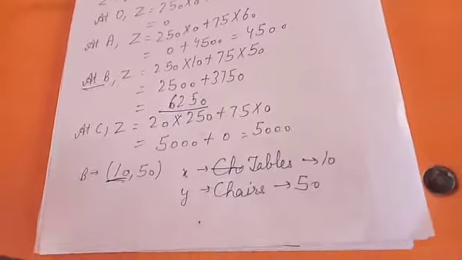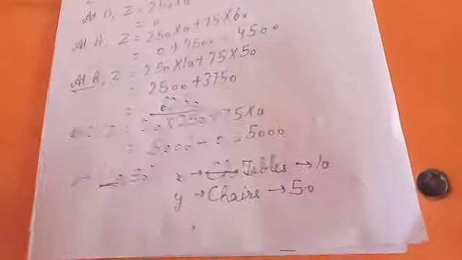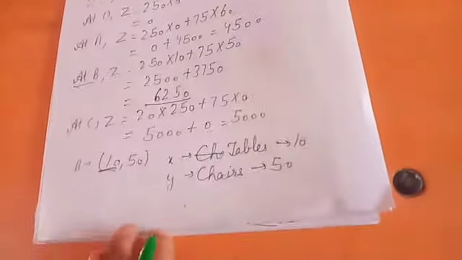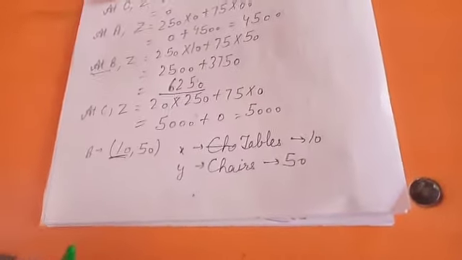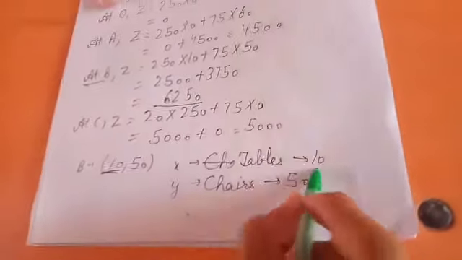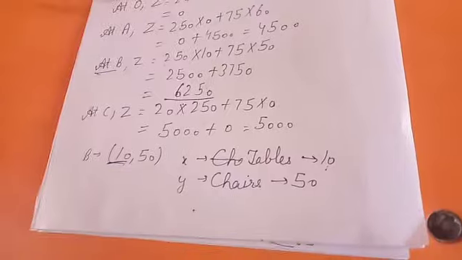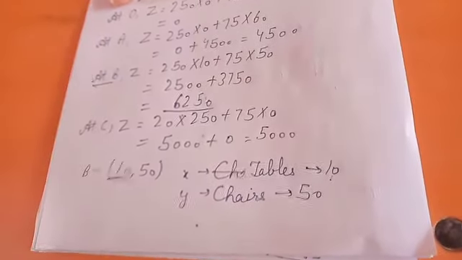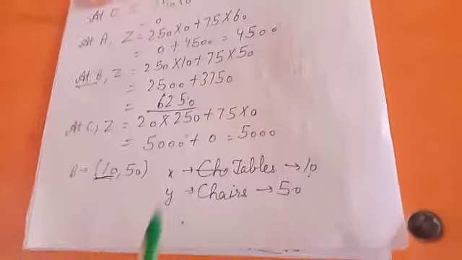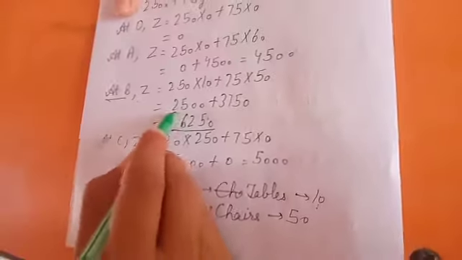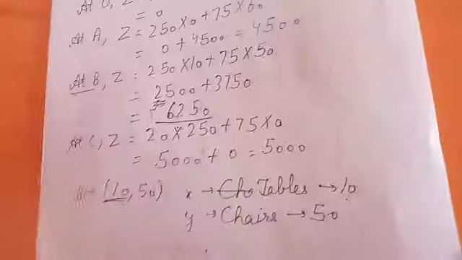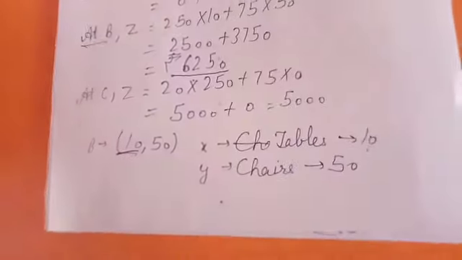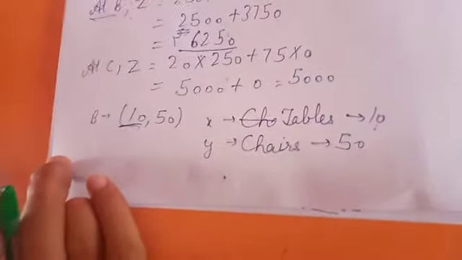So that he will get maximum profit. And how will we write that? We will write, if the dealer buys 10 tables and 50 chairs, he will have the maximum profit of rupees 6250. In this way your question ends and you have solved your problem.